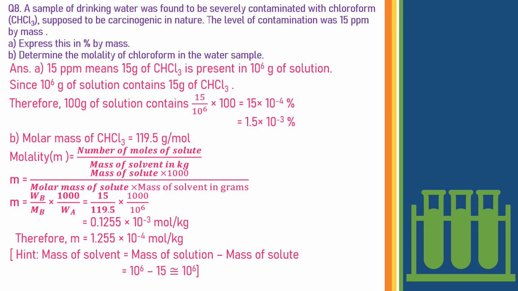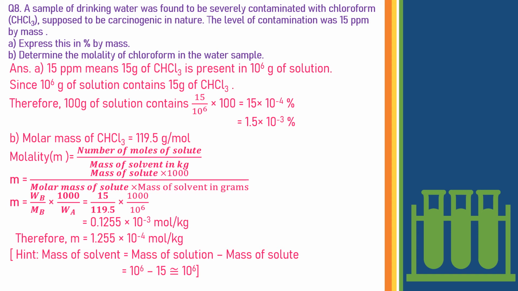Now molality, written as small m, is equal to mass of solute multiplied by 1000 divided by molar mass of solute multiplied by mass of solvent in grams. Why? Because we are being given the molar mass in terms of grams. After that, for finding out the number of moles, we are knowing that it is given mass by molar mass.